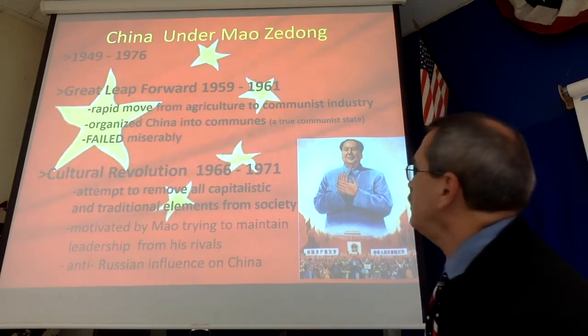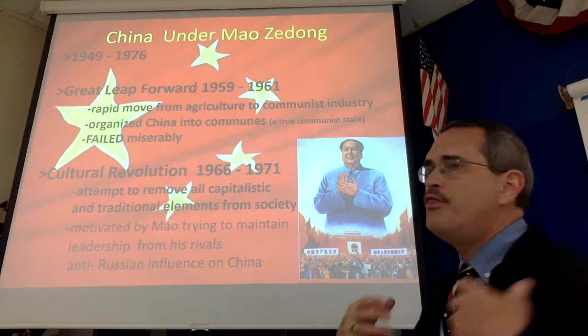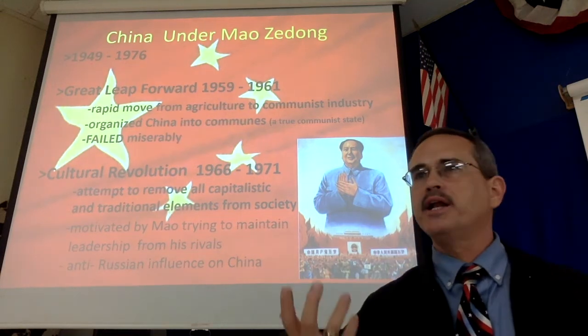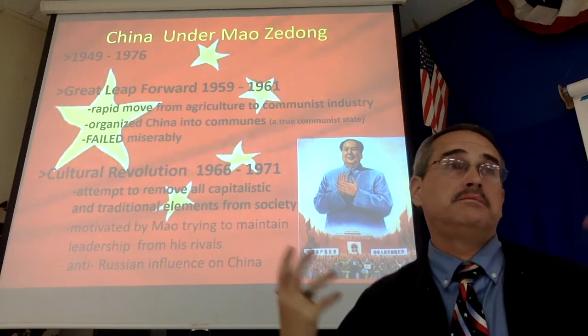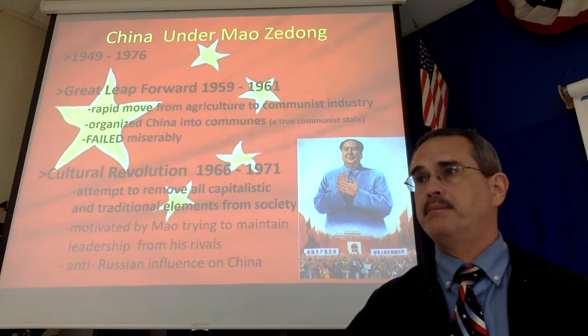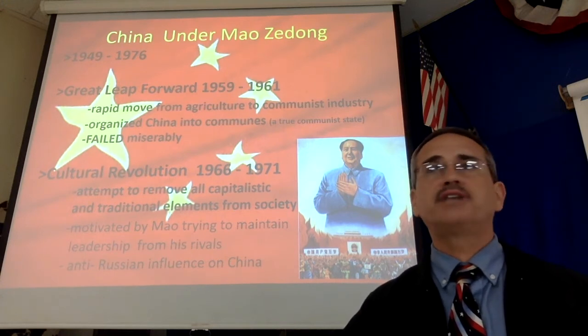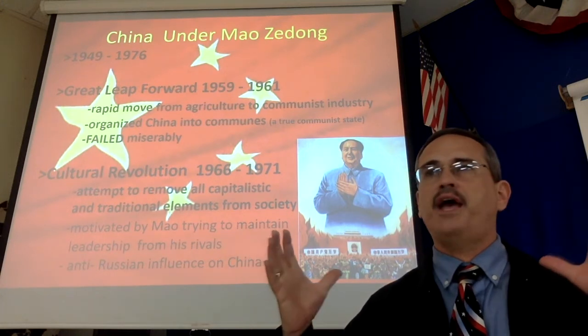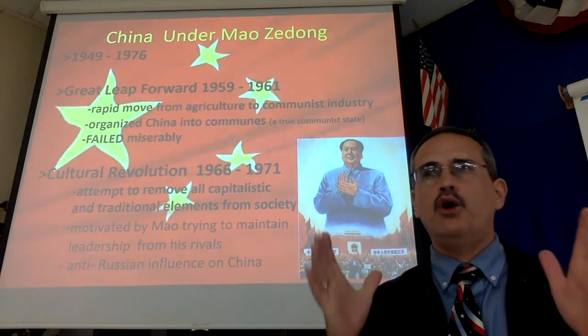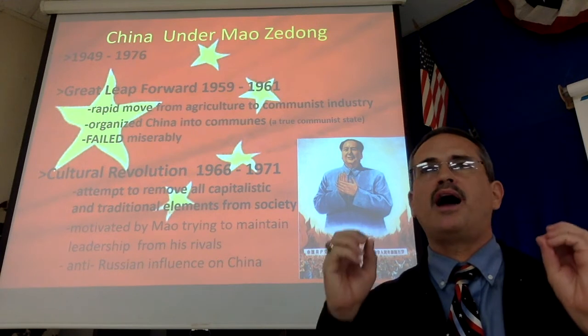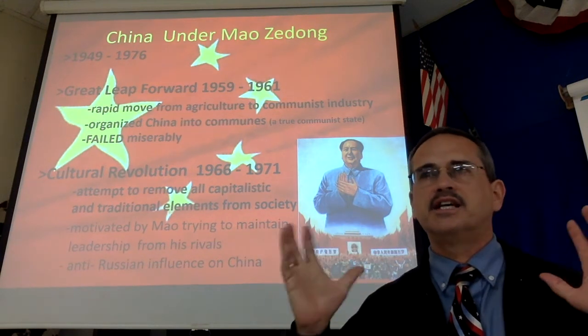And the idea was they're going to reorganize their whole society as a communist society. What that means is in the countryside, on the farms, they're going to create communes where the farmers all work together to grow the crops that are needed to supply the industrial workers in the cities.